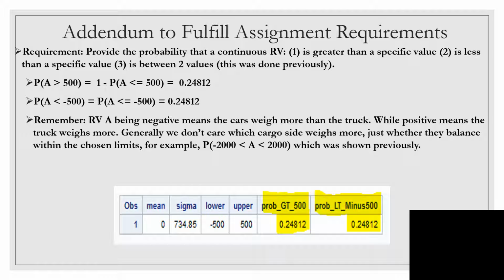Now let's keep in mind that the random variable A being negative means the cars weigh more than the truck, while positive means the truck weighs more. Generally, we don't care which cargo side weighs more, just whether they balance within the chosen limits. And we've already looked at the probability of minus 2,000 being less than the random variable, which is then less than 2,000.